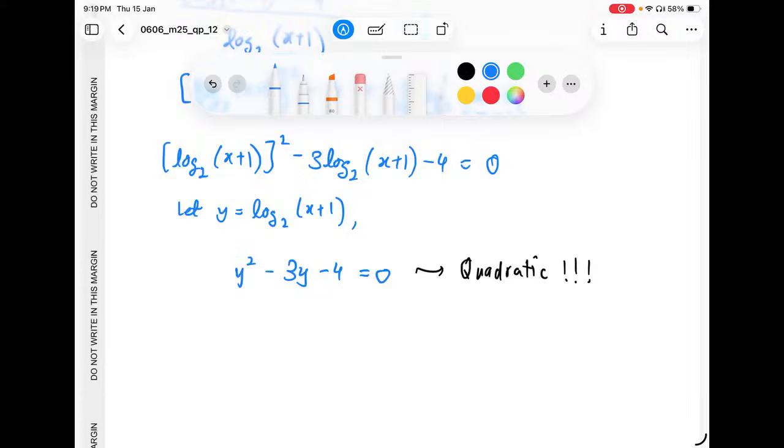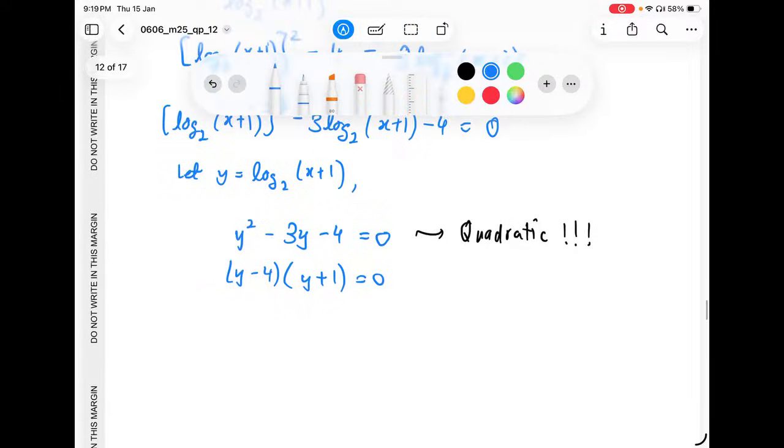That's going to be pretty simple over here. 1, minus 3, minus 4. You will get y minus 4, y plus 1. So that's your factorized form, and then y is equal to 4, or y is equal to negative 1.